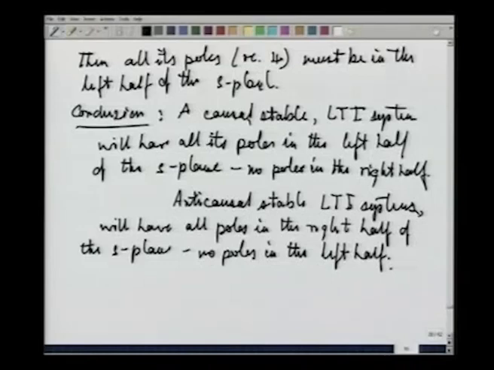So, these are pretty advanced conclusions that one can come to about the pole and zero placements, pole placements in particular, of LTI systems which are stable.